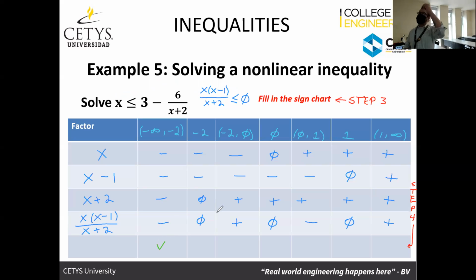Since it's less than or equal, then this is a 0, this is also part of the interval. I'm just going to look at the negative ones. This is also part of the interval. The 0 is part of the interval. The 0 is part of the interval. And anything that's positive would be left out.